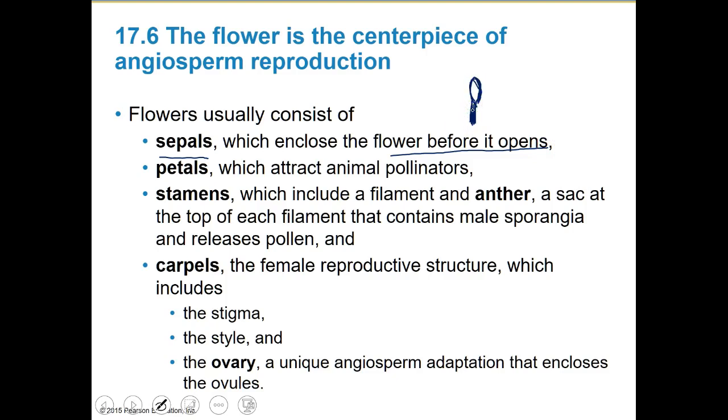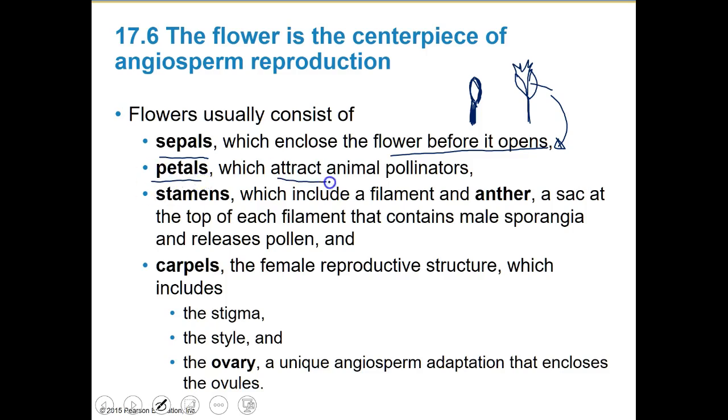You see it's about to bloom, and then eventually the pretty flower is in there. These leaves on the outside enclose it before it opens, like the flower bud. Those are the sepals. They stay with it, but beforehand they enclose the flower.